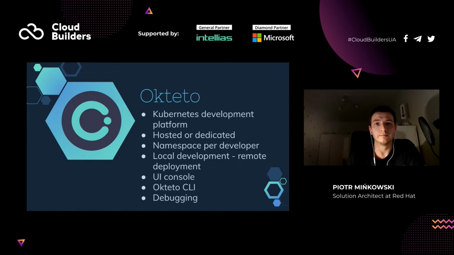For example, run popular software like databases or message brokers, which are used by your application, with just a single click in this UI. Of course, you also need to install the CLI on your device. And all the magic happens when you run the okteto up command.